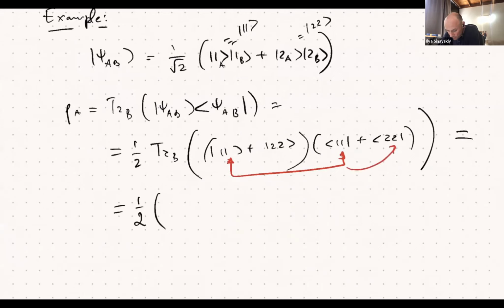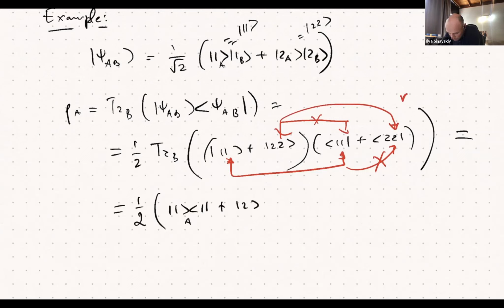But for this term, because here is 1 and here is 2, there will be no term like this. So what we're going to have is 1, 1, of course, in subsystem A, plus, and this term we already took into account. This and this are not going to give us anything, because the indices are different, and only this and this is going to give us some contribution at all.